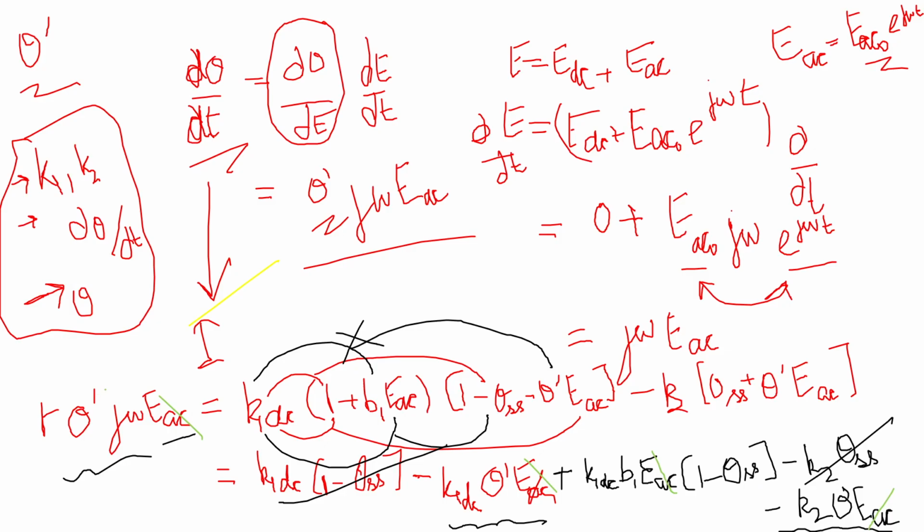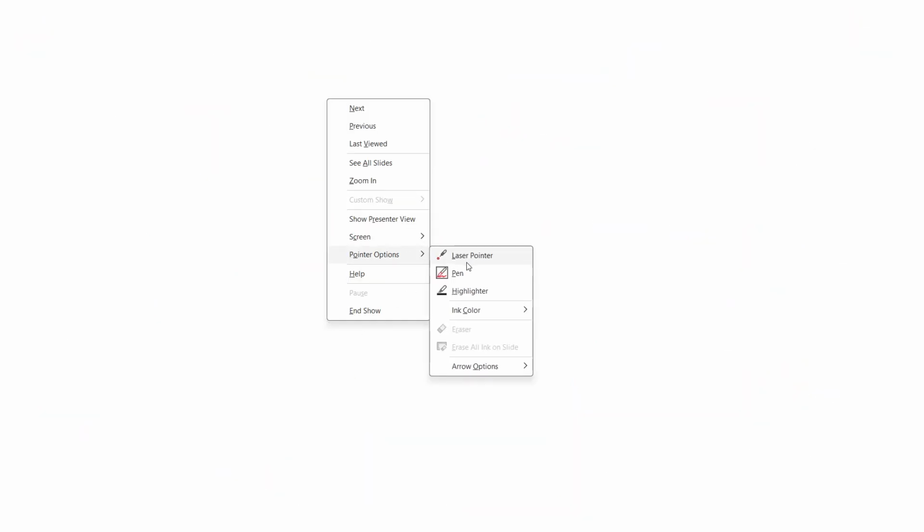Now what I have to do? I have to take theta dash terms to the left side. So this one will go that side. K1 DC theta dash will go that side. K2 theta dash will also go this side. So this side I'll have only K1 DC B1 into 1 minus theta SS. So if I club all the terms which are having theta dash together and I divide, how will I get?